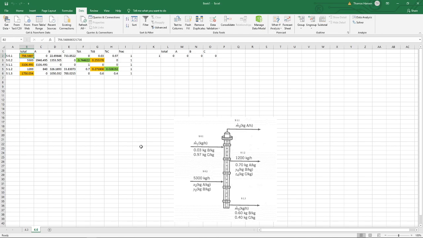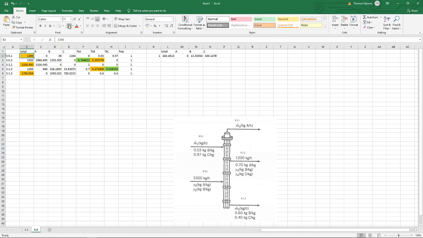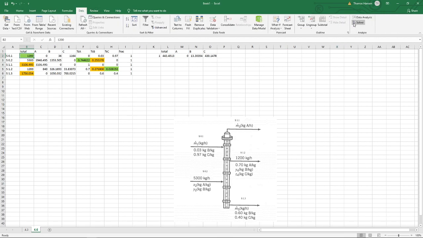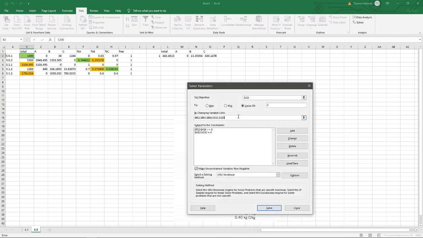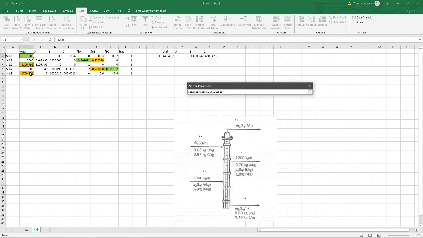So as an example, I could say, you know what, I'm going to decide that in my stream 01, I don't want to send in 756, I want to send in 1200 instead. I'm going to color it green to say that I have now locked this in place. And of course I then have to remove it from the variables in my solver. So this.